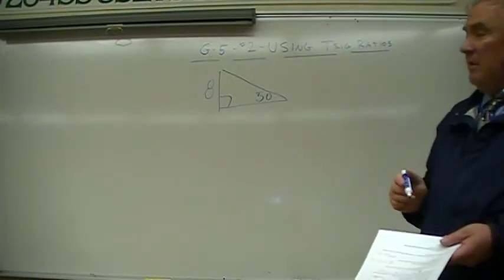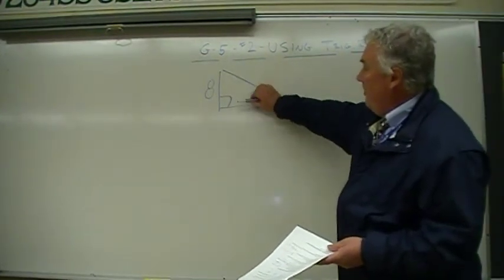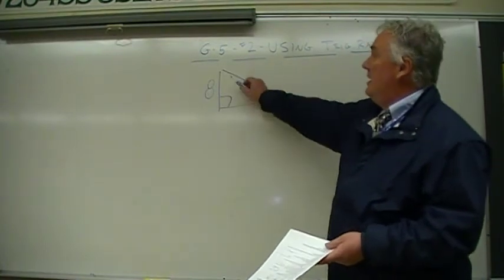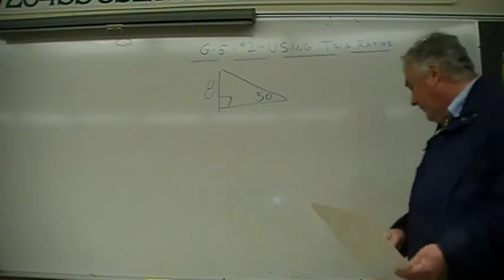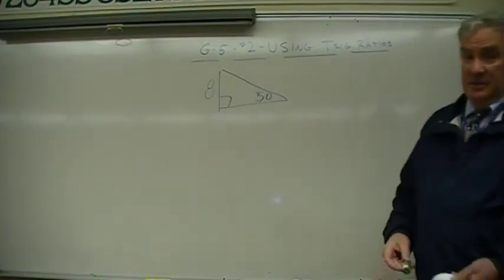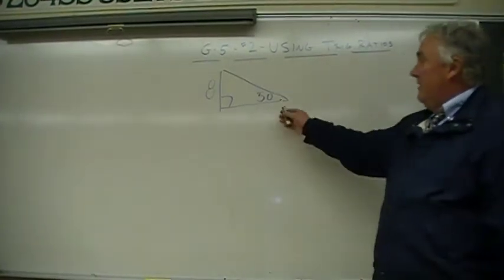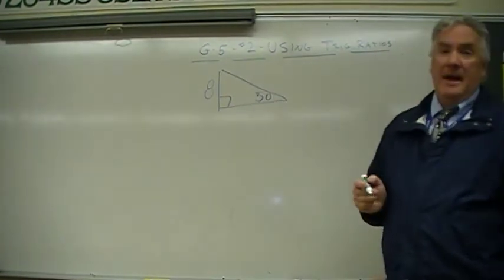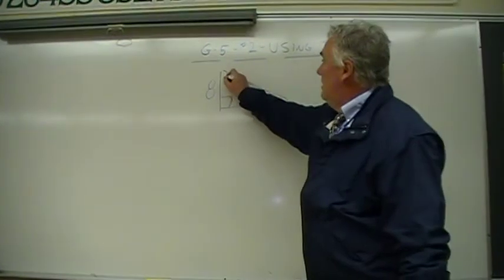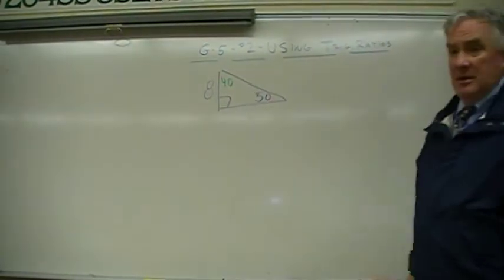What it means to solve it, we're going to find the length of the hypotenuse and the length of this side and the measure of this angle. Okay? So the first step is kind of the easiest one. If this is 50, what's the measurement of this? These two angles add up to 90. So that's going to be 40.